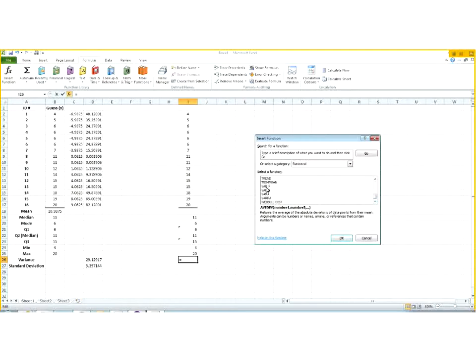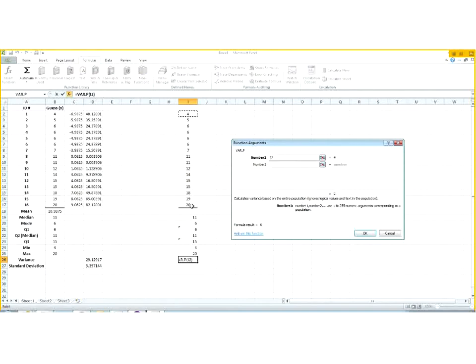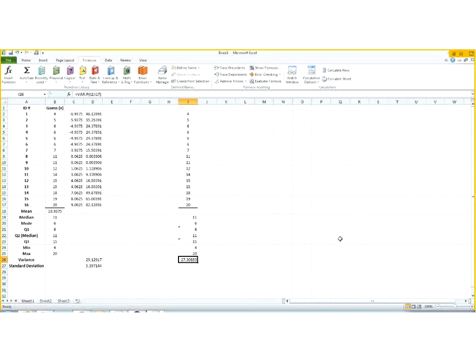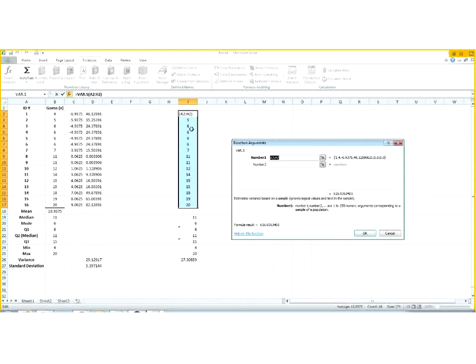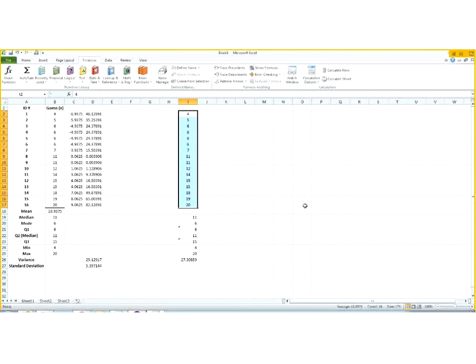Okay, let's try this. I want from here to here. And it came out a little bit different. Let's figure this out. Let's see which one I have to do here. I think I chose the wrong one. Uh-oh. Okay, let me go back here.